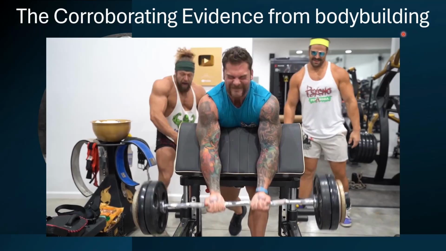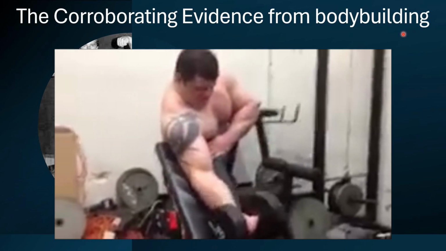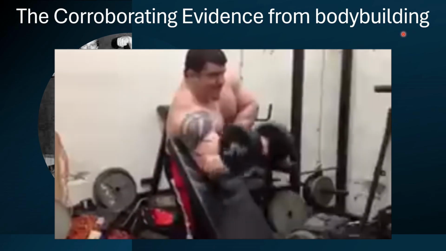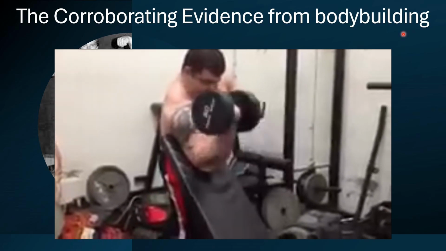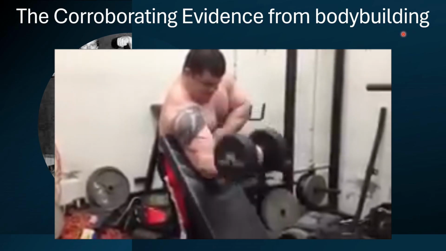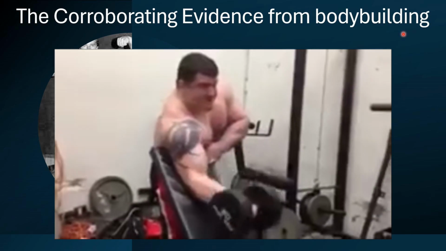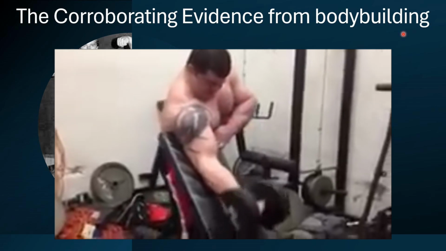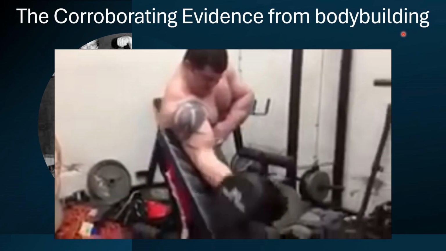And here again, arm fully extended, hand supinated. And in this case, again, arm fully extended, hand supinated.